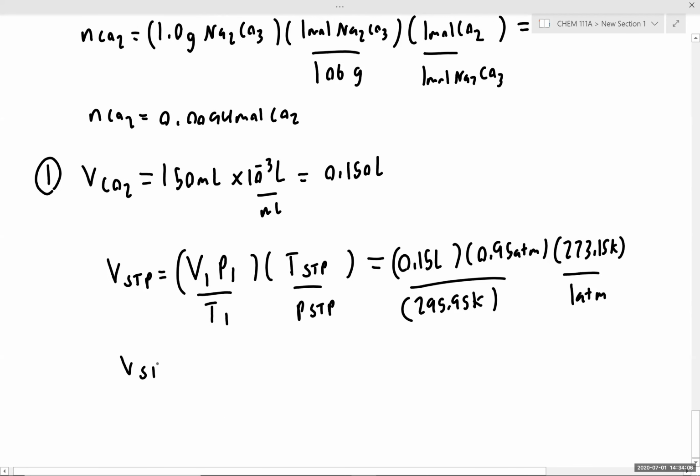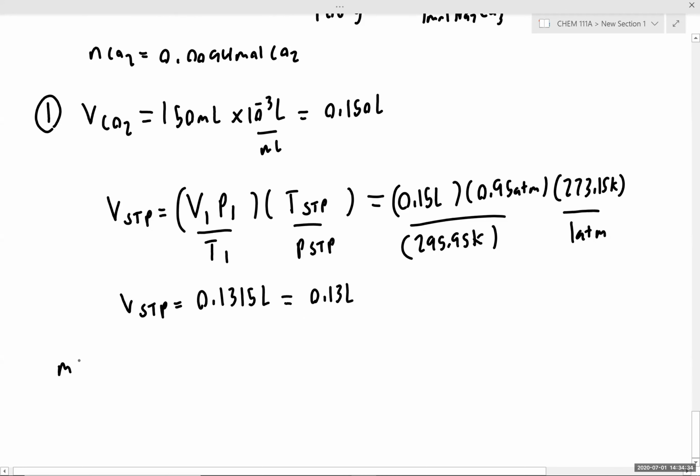That in turn gives us a volume at STP of 0.1315 liters, which we can round to 0.13 liters.